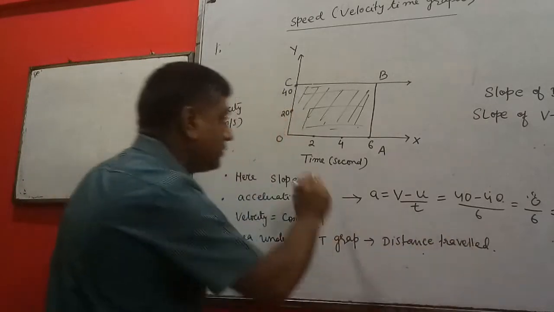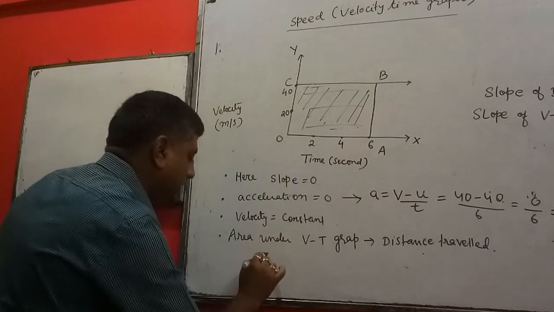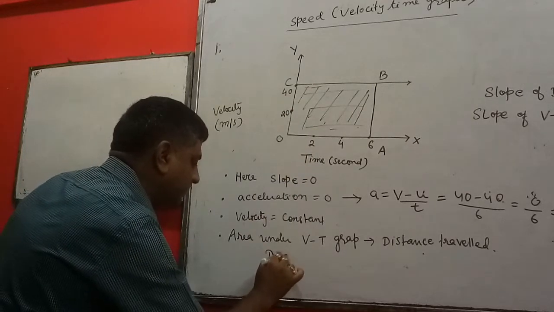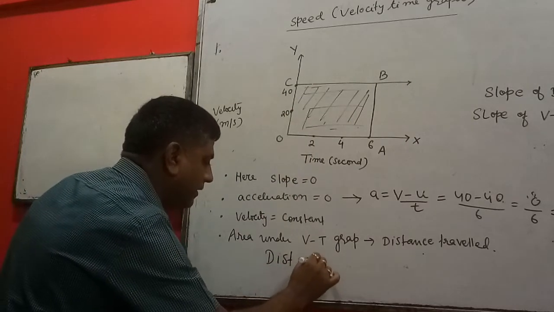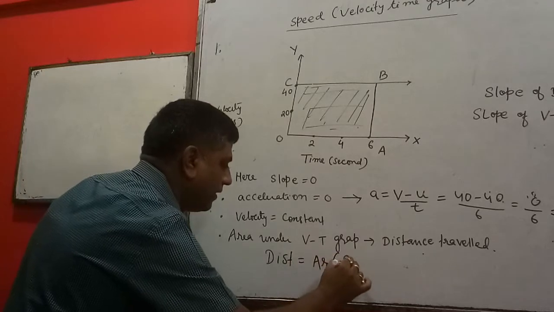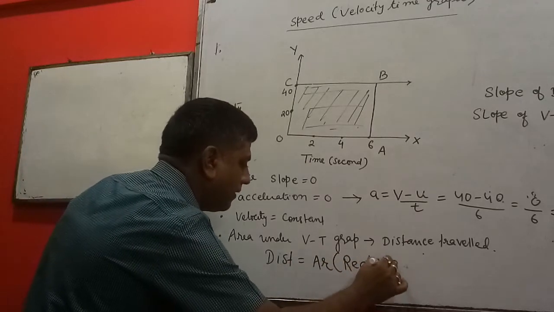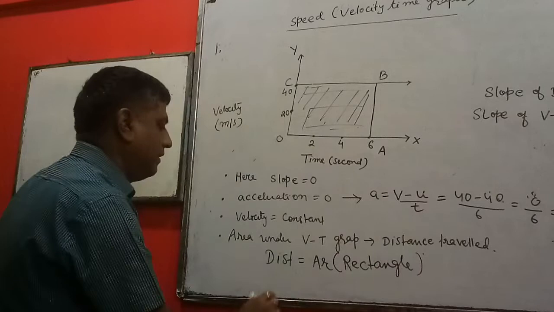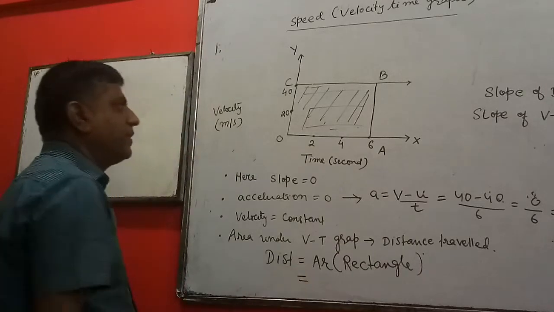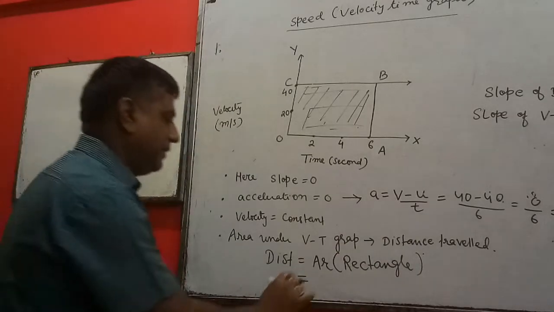So I have written, area under the velocity time graph indicates distance traveled. From this graph, if I ask you what the distance is, it will be the area of the rectangle. Area of rectangle is length into breadth.